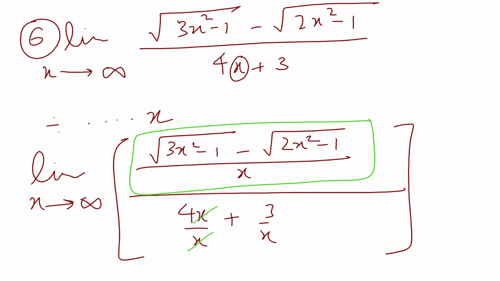Any suggestion? What about the numerator? Here I will split root of 3x square minus 1 upon x minus root of 2x square minus 1 upon x. So this equal to limit x approaching towards infinity.